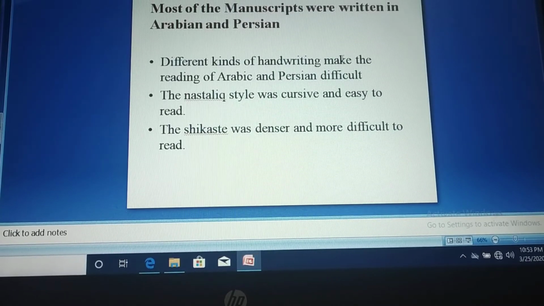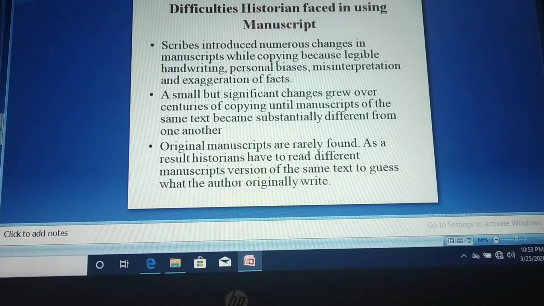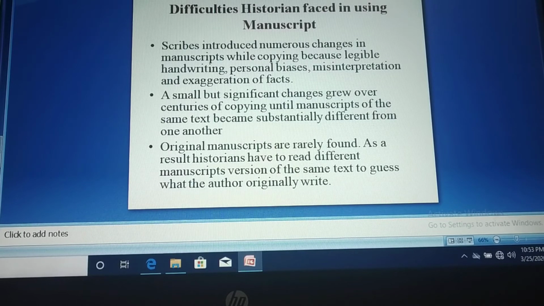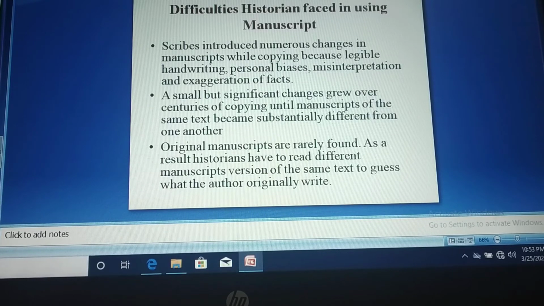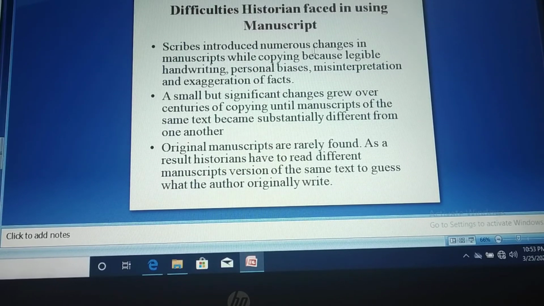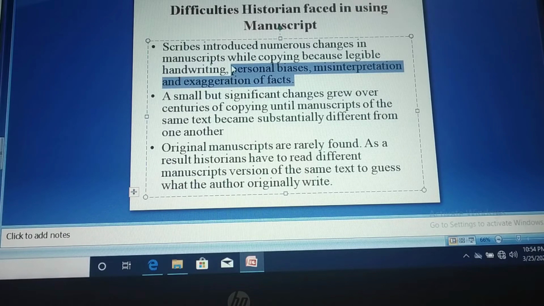Now these manuscripts were written, but there were a lot of difficulties while reading them. When historians study these manuscripts, they find a lot of difficulties. So we'll see what difficulties they face. The first thing: scribes introduced numerous changes in the manuscripts while copying because of illegible handwriting, personal biases, and misinterpretation and exaggeration of facts.